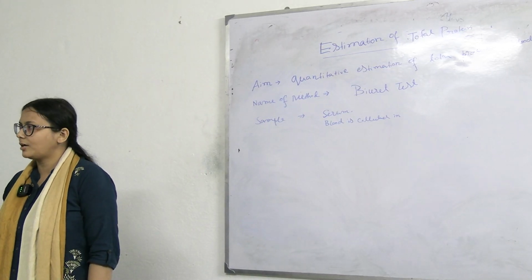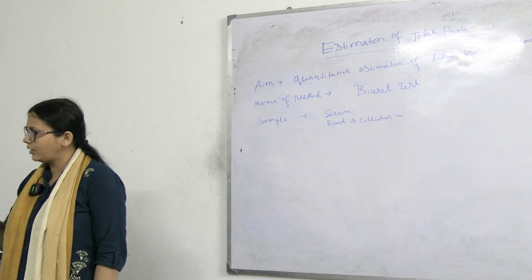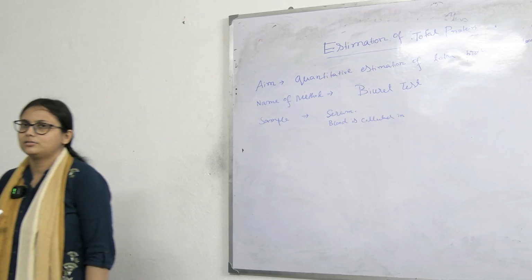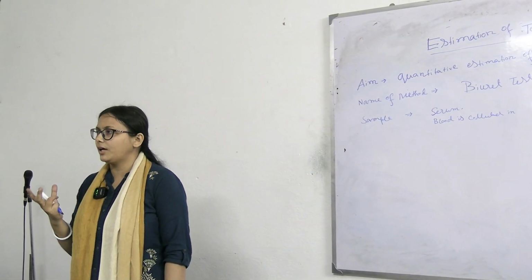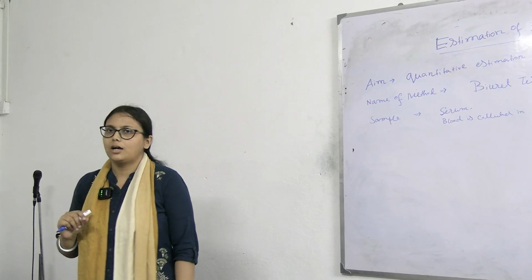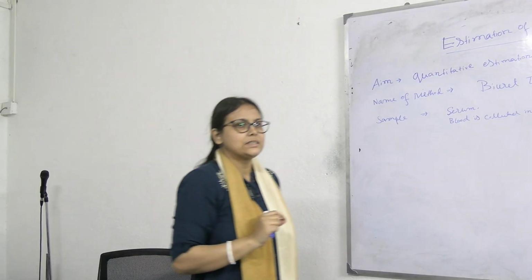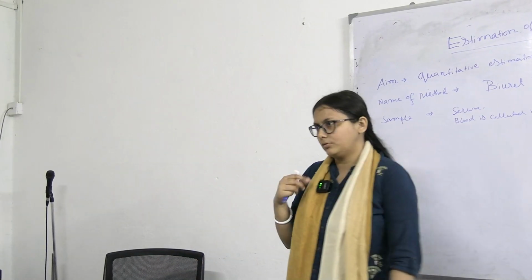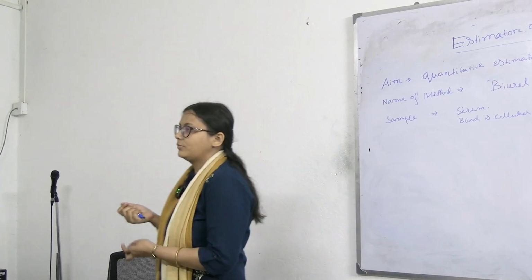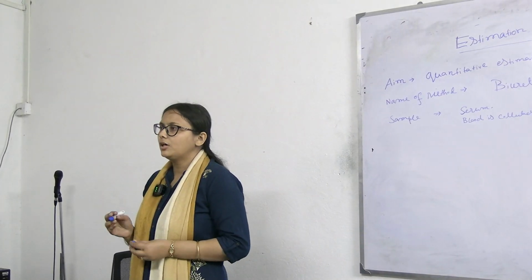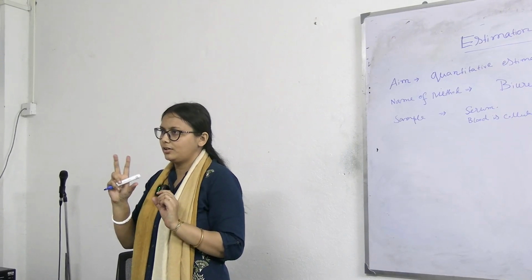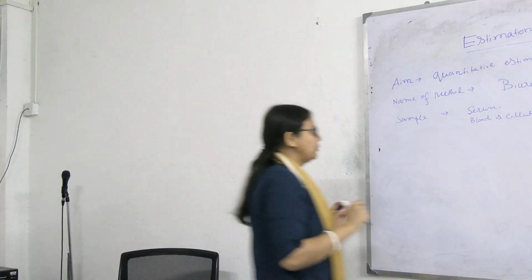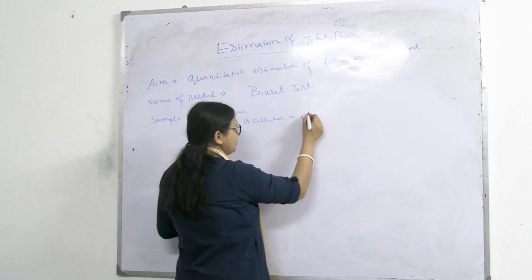What are the types of vials? Fluoride is one, for glucose, and EDTA vial, from which we get plasma. For serum, blood is collected in a clot vial or clotted vial. The color of the cap is generally red. Blood is collected in clot vial.